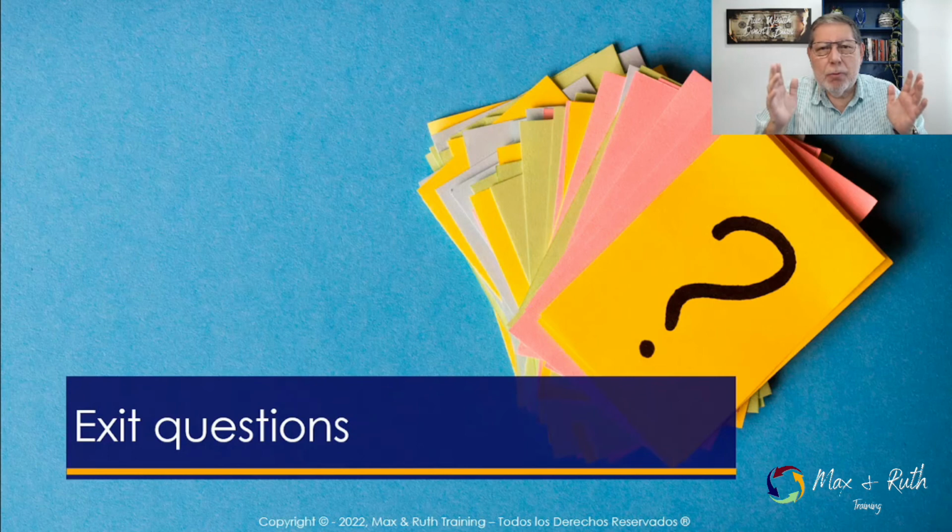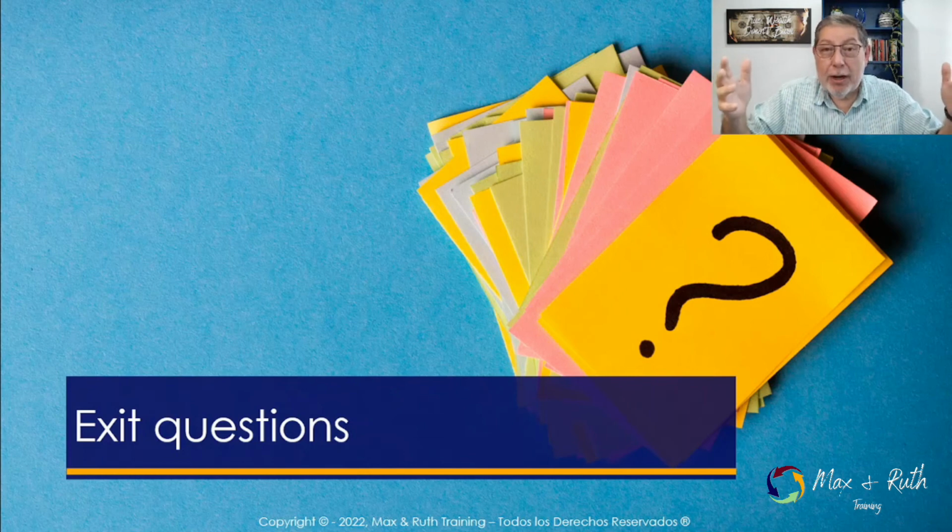And they work wonderfully well in groups, live groups, or in asynchronous settings. So both of these settings are great to use exit questions. And those are the 7 different ways that you can do formative evaluation quickly, simply, and in a fun way in your next course.